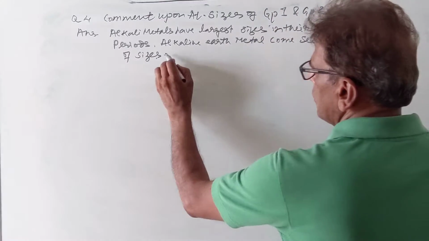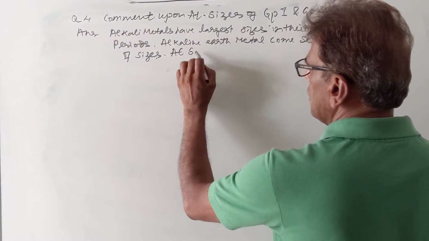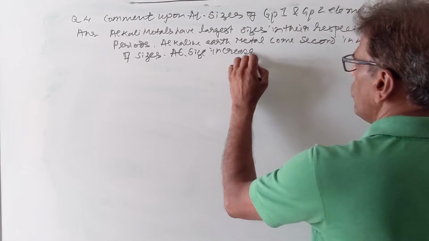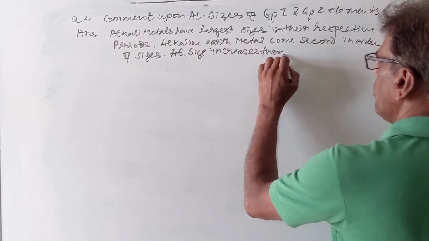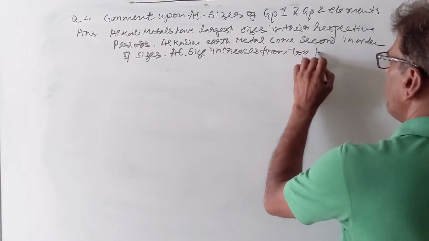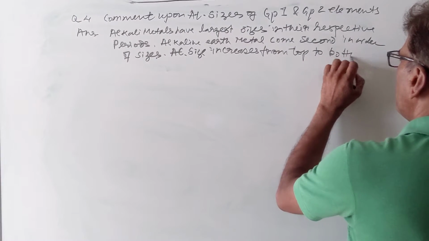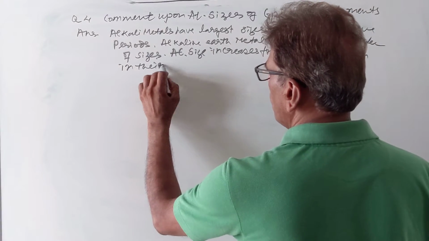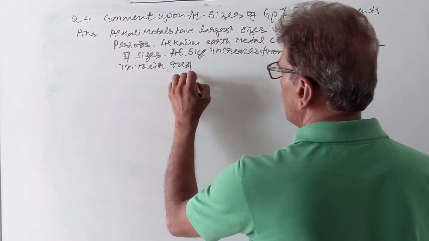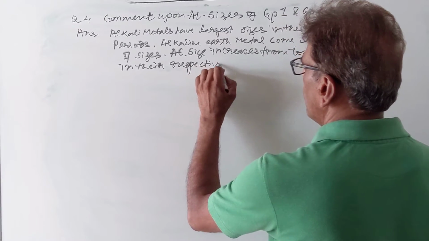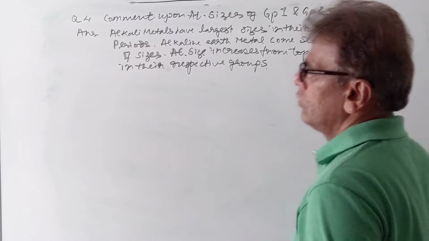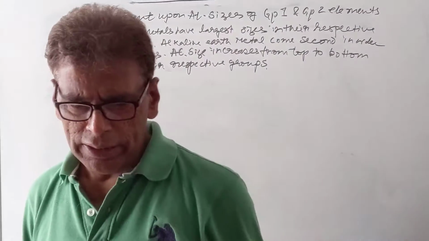And atomic size increases from top to bottom in their respective groups. So this is regarding size of these elements.